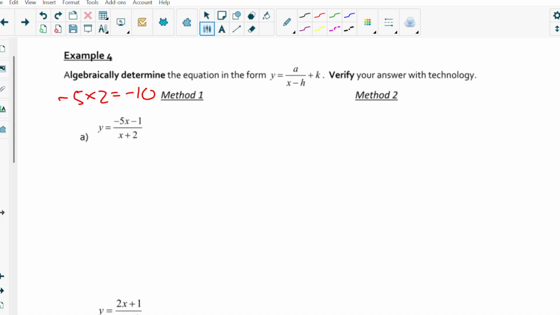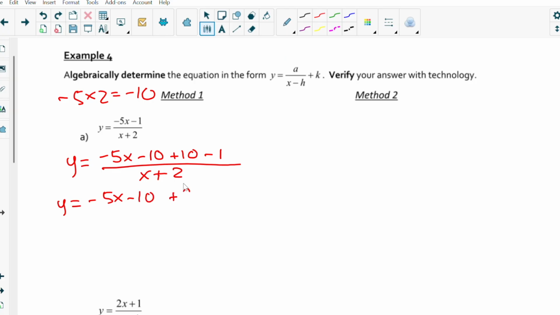So let's take a look. If I do y equals negative 5x, let's go minus 10 and plus 10. So that is just 0 effectively, and doesn't change the value of the expression or the equation. Minus 1 divided by x plus 2. Where does that get us? Let's rearrange. Y equals negative 5x minus 10 plus 9 divided by x plus 2.